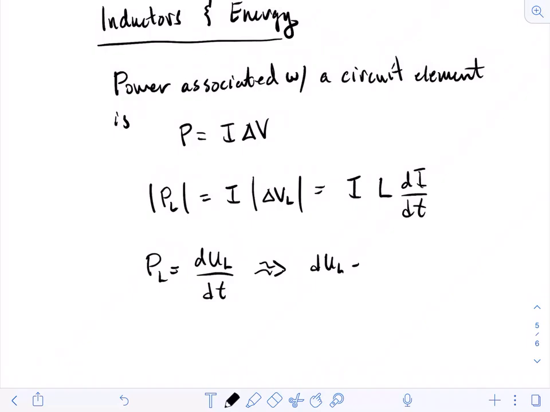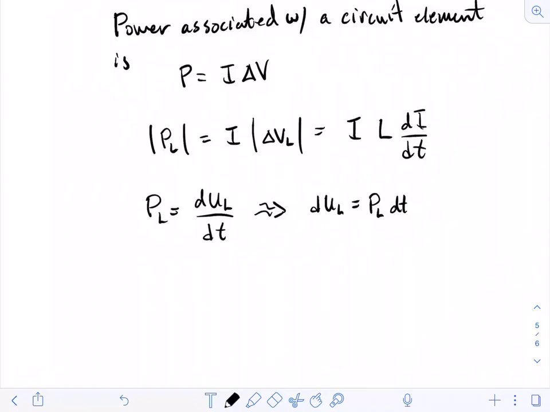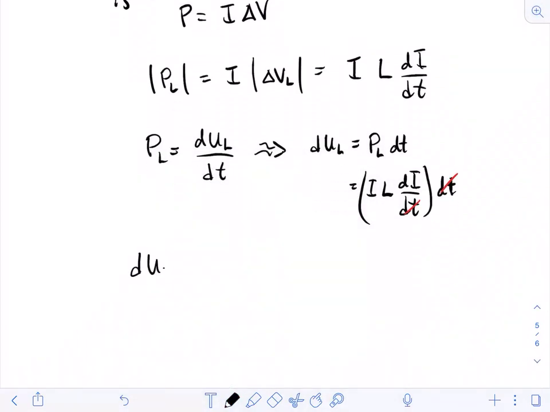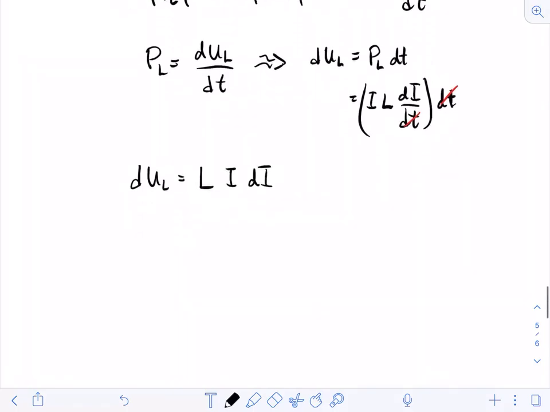So this implies, if we multiply by dt, that the change in energy is this power times dt, but P is I L di dt, and then we're multiplying by dt. And so we'll get rid of those factors of dt. And so a change in energy associated with an inductance is L I di is what we have remaining.